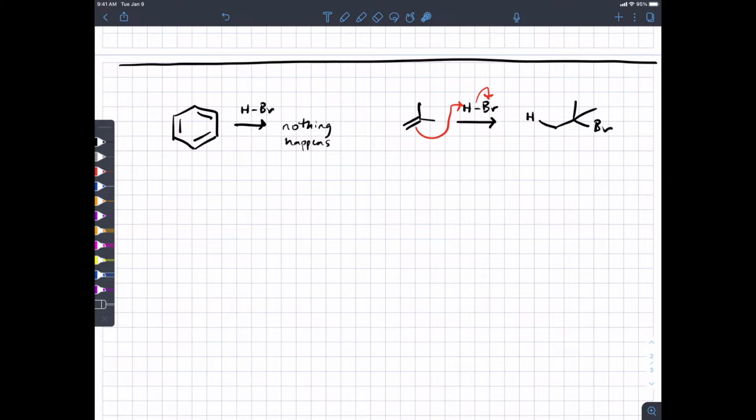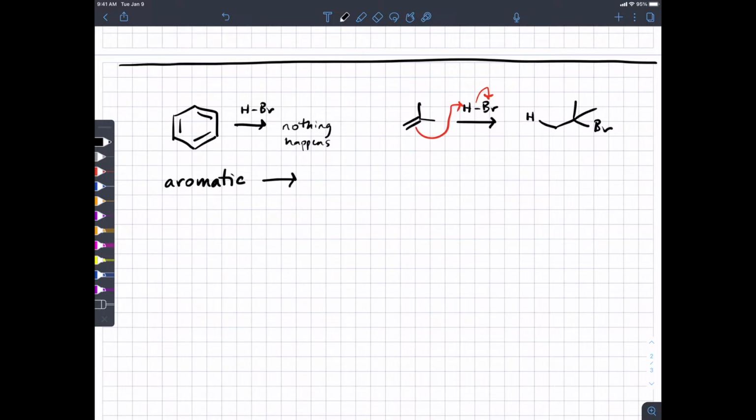Okay, so there's something special about benzene. We want to talk about what it is and how to recognize it in other molecules as well. So we're going to start by learning how to recognize it, and then we'll finish by talking about why it happens. Benzene is a classic example of a group of molecules that are known as aromatic.